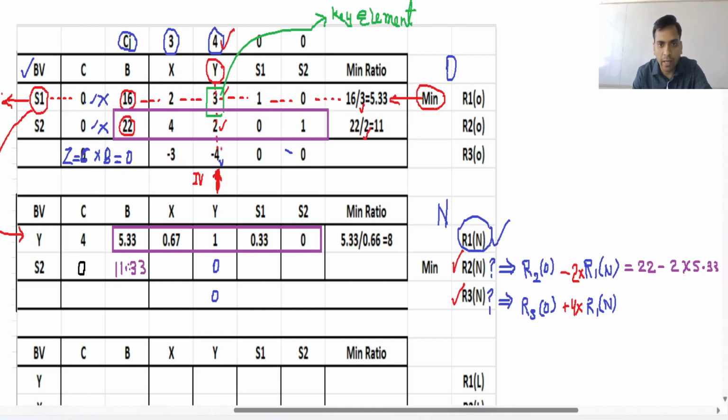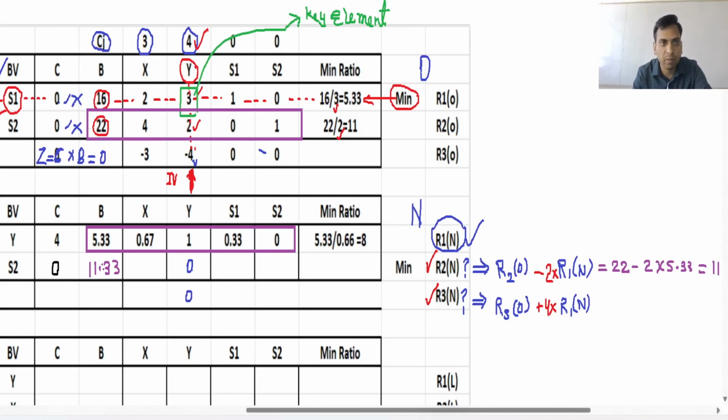Again in the same formula we will put R2 old for this location 4 and new 0.67. Then we will find the other values using this relationship. This quantity is 2.67, you will get 0 again, this quantity is 0.67, and this quantity is 1.